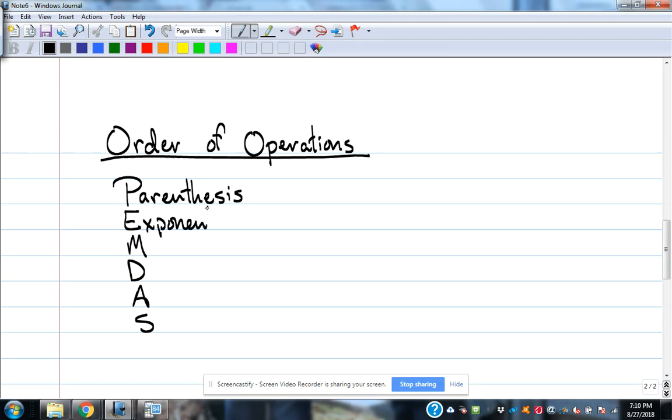Exponents. So if you see any exponents in the problem, you're going to work those next. And then after that, the M is for multiplying, and the D, division. Be careful there. It's not always multiplication first and then division.